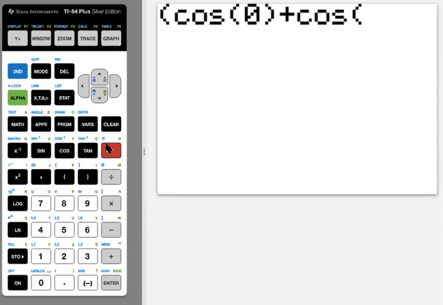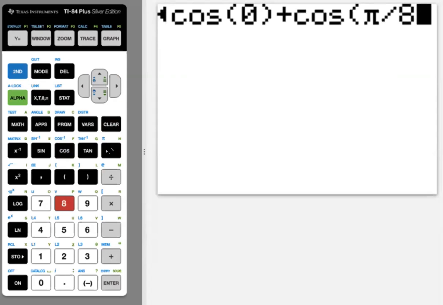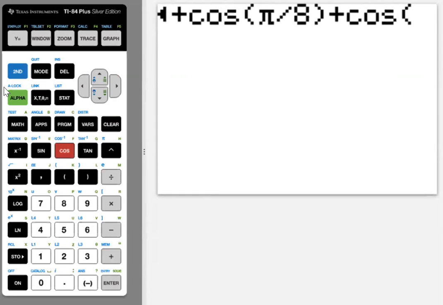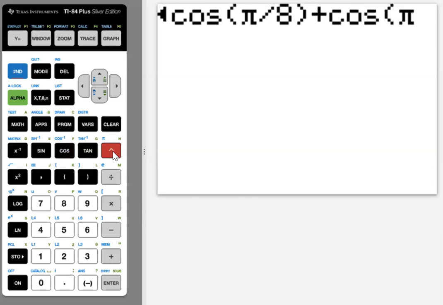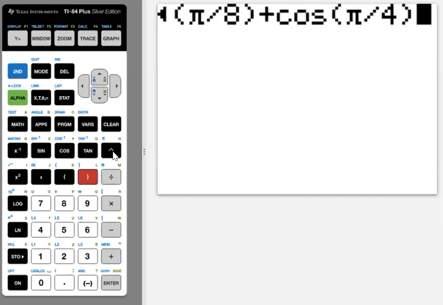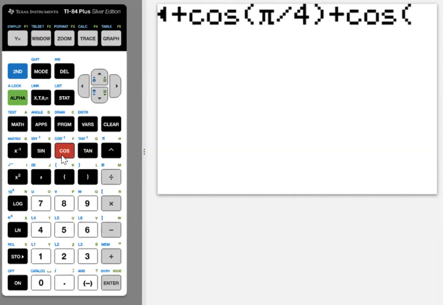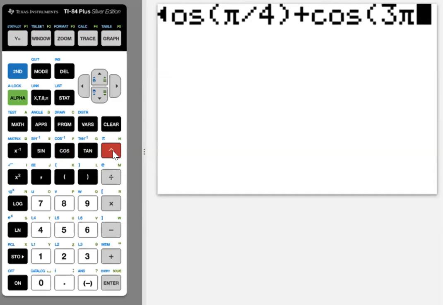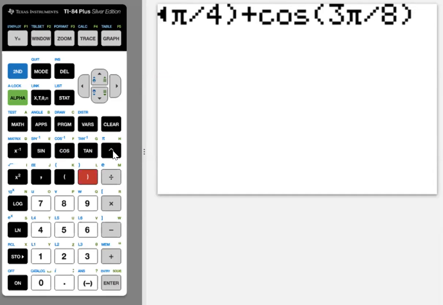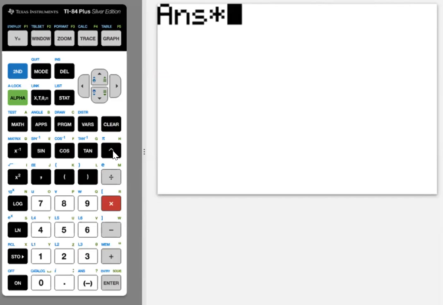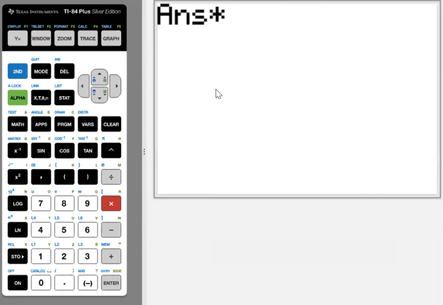Pi divided by 8, and then parentheses, and then plus another cosine of pi over 4 plus the cosine of 3 pi over 8, 3 pi divided by 8, close it, and then close the parentheses. This is the sum, and then multiply. What did I do? I already got the answer.